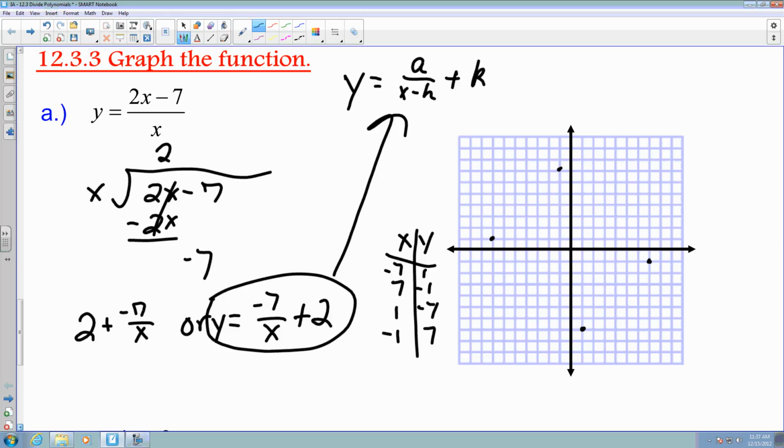Now you go back to this original equation, and our h is 0, so there's no horizontal shift, but k is 2, so that means we have a shift up 2. So I'm going to change the color of my pen, and I'm going to move up 2 units. And that is how we draw our graph.